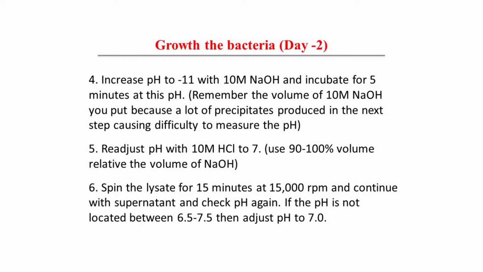There are no cells anymore. Now increase the pH to about 11 with 10 molar sodium hydroxide, and incubate for 5 minutes. This is a slow step, increasing the pH from 7, because in the second step we added sodium phosphate buffer, pH 7.2. Now the pH is 11.